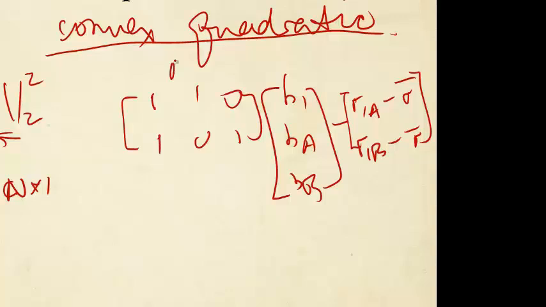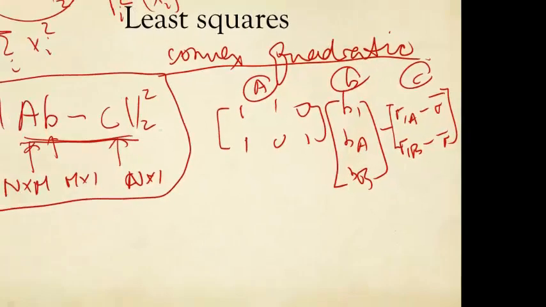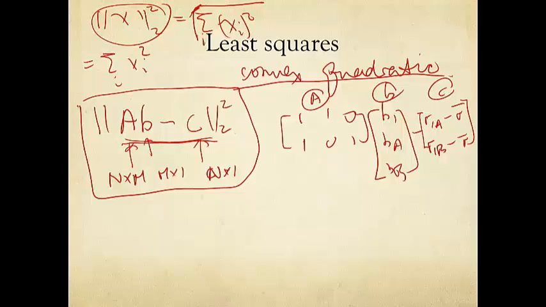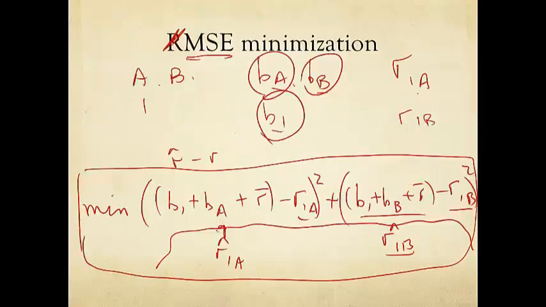This is our A, this is our b vector, this is our c vector, just to conform to the standard expression that we want to minimize in the least squares problem. You can easily check that minimizing this L2 norm squared is the same as minimizing this expression.